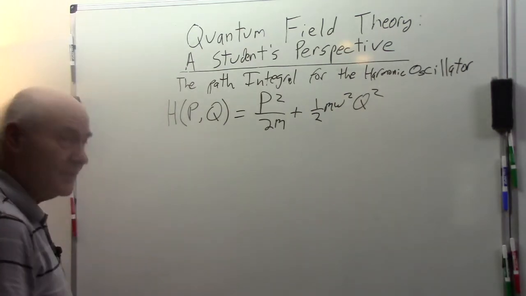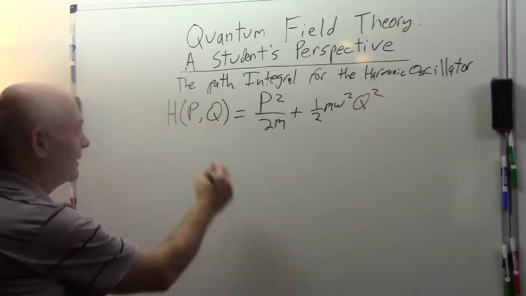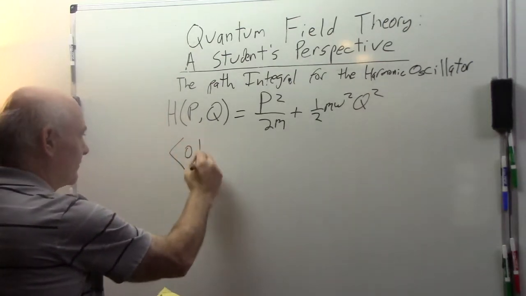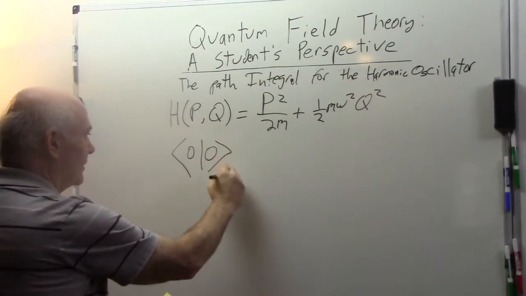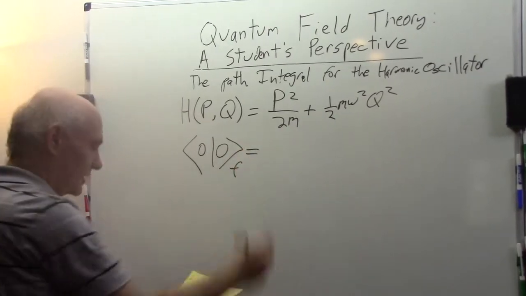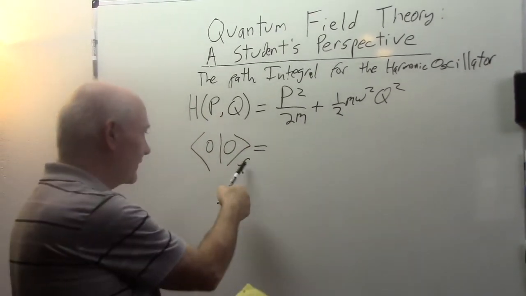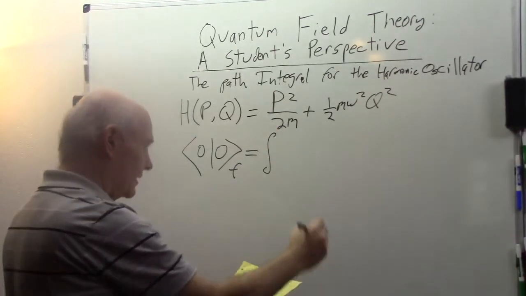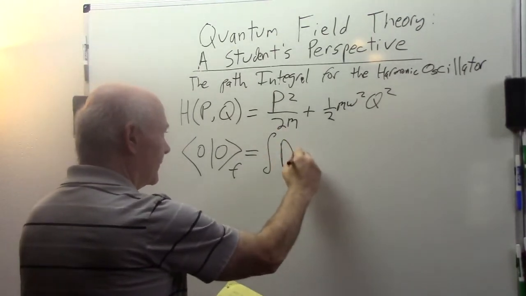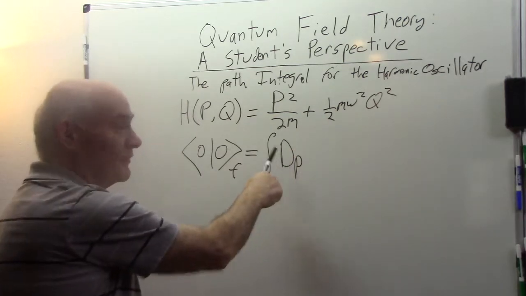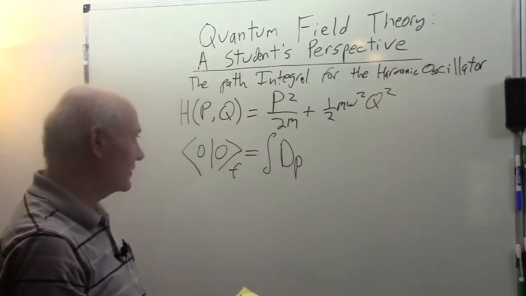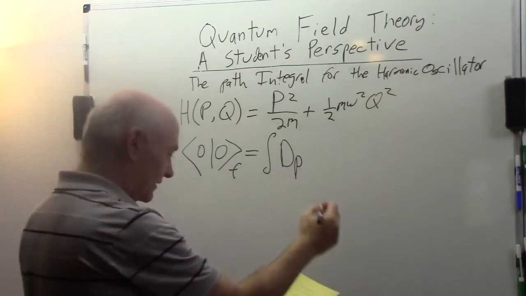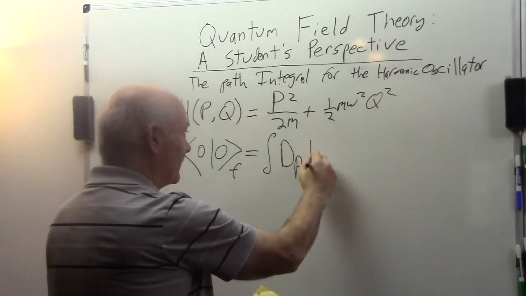And last time when we left, we wrote down a formula for the vacuum or ground state to vacuum transition amplitude in the presence of a driving force F. And we wrote it as a path integral, the integral over D. And if you notice, we have once again this funny capital D because the measure in these path integrals is very ill-defined, and it gives mathematicians heart attacks.